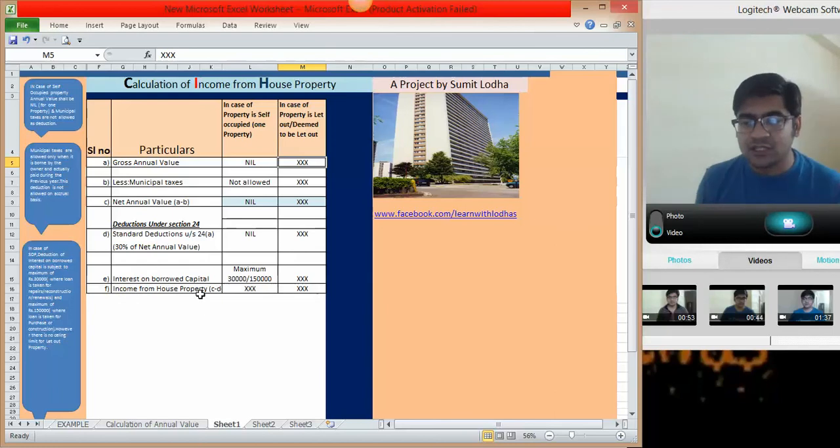For repair or renovation the maximum limit is 30,000, and for purchase or construction of a new house property the maximum benefit is 1,50,000. Similarly, you can calculate for let out property.